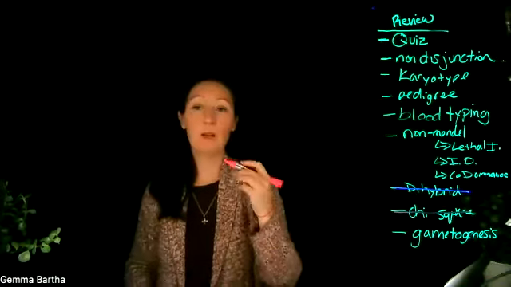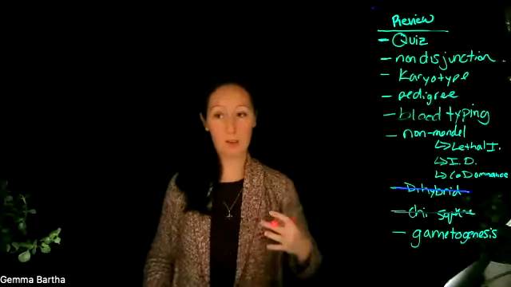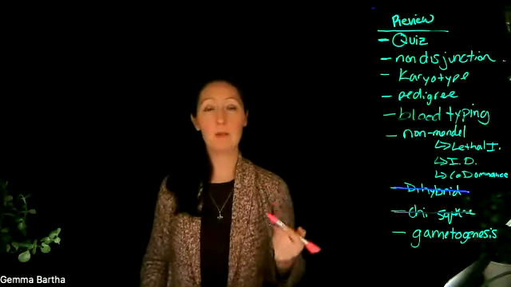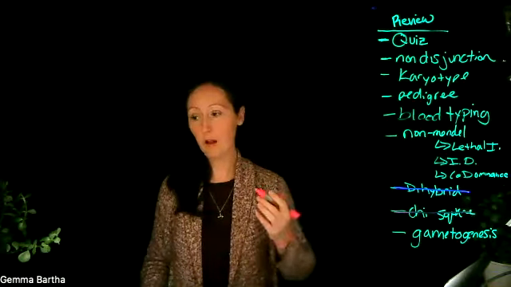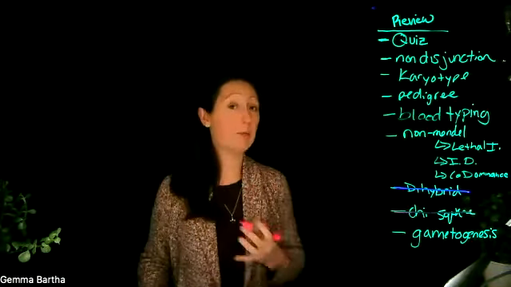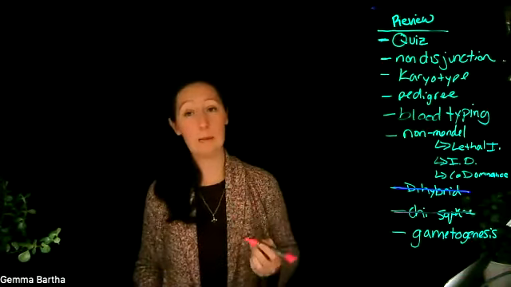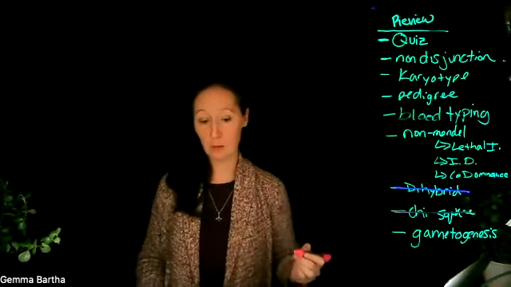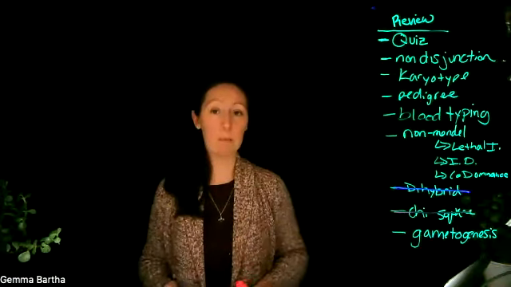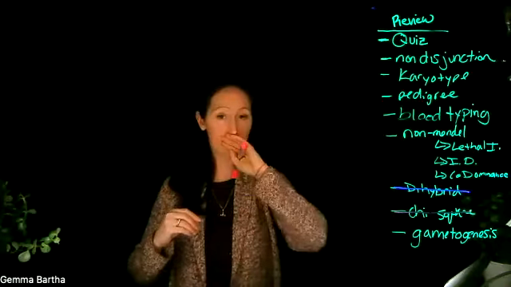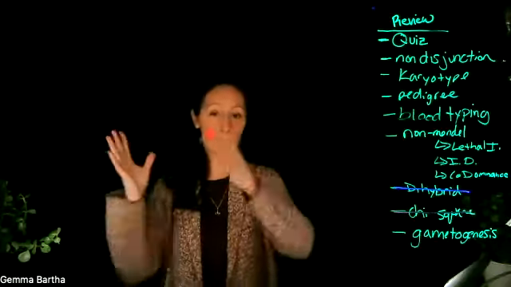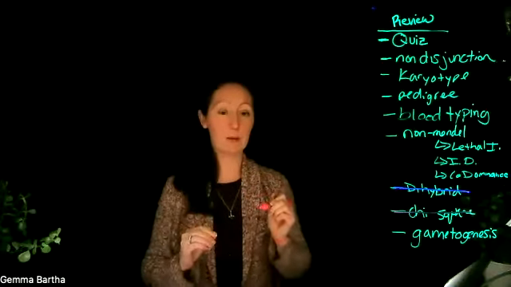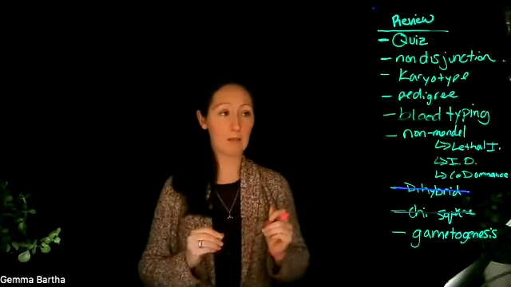So you have meiosis 1, meiosis 2. If it happens in meiosis 1, it's not as good for the gametes as if it happens in meiosis 2. So I'm going to show you what happens if it happens in meiosis 1, and then I'll do a side-by-side if it happens in meiosis 2 so that you can see the end result.